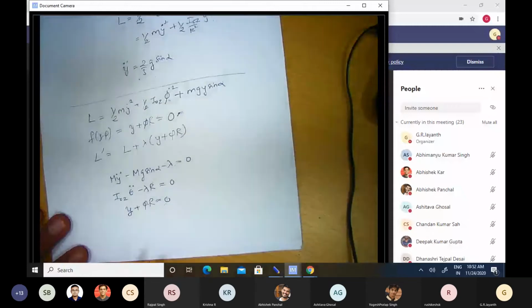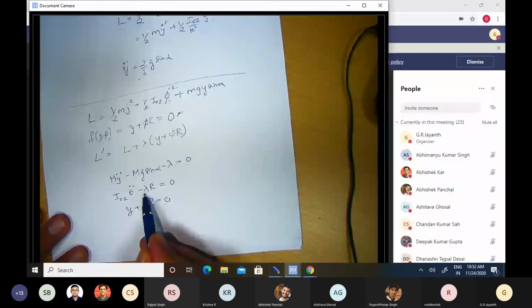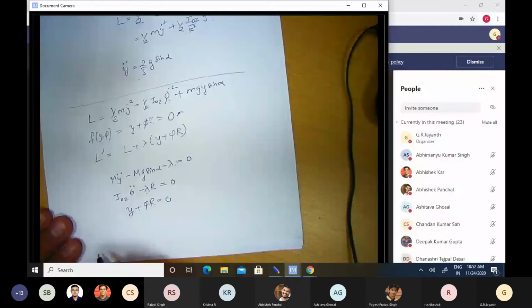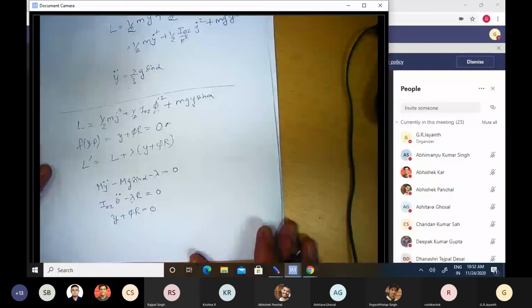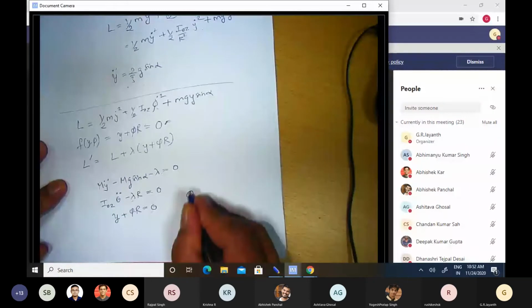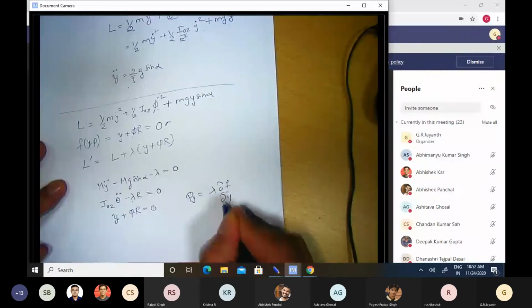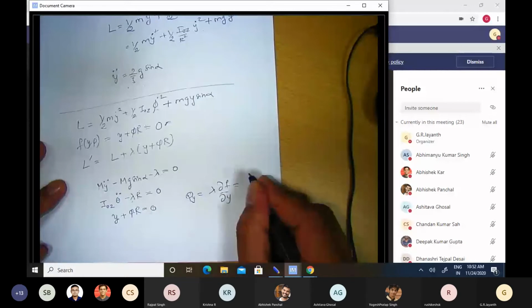But if you determine lambda in the process of that elimination, you can use that to obtain the constraint forces. So Qy will be by definition equal to lambda delta f by delta y. It's going to be simply equal to lambda, because f is simply y plus phi r, right?